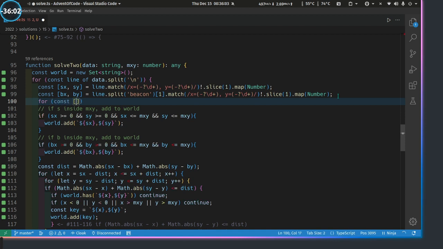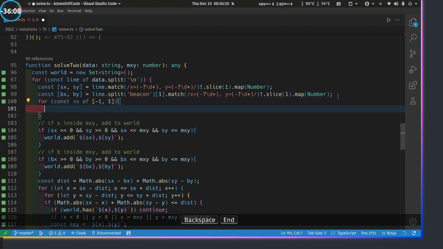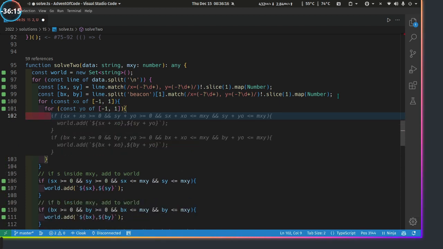For const XO... Well, XO of -1 and 1. Then for const YO of -1 and 1. And then I have to... So I need to go one more out, right? What are you writing here, Copilot? I don't think so. Yeah, because that's my offset. I'll need to add this to my offset.